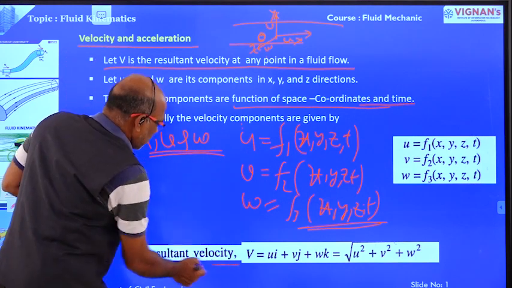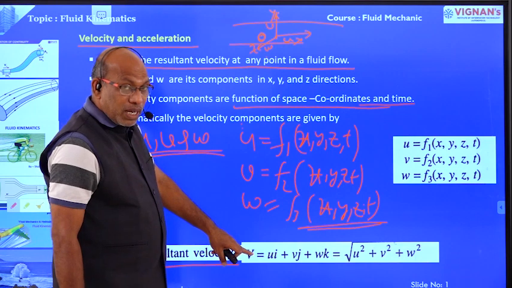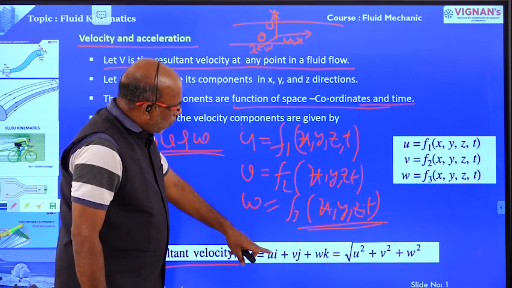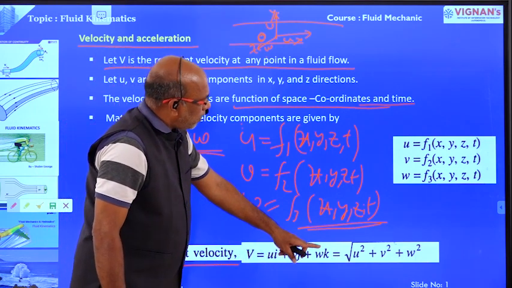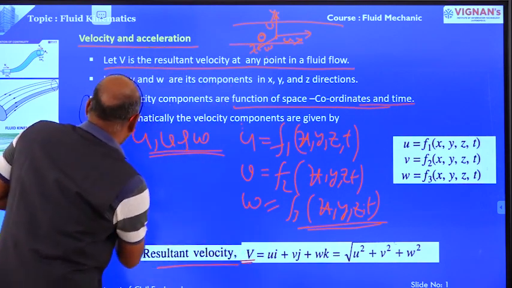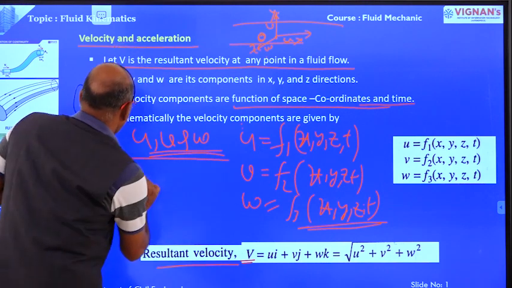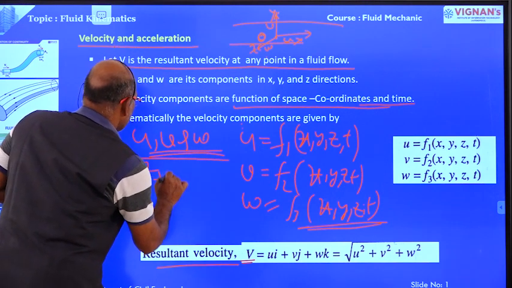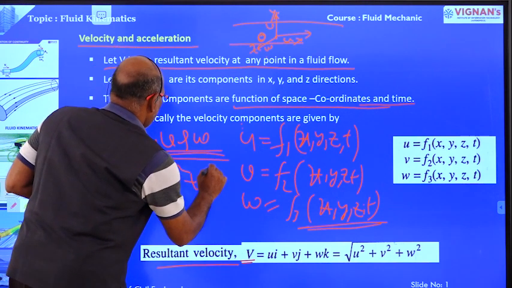Therefore, the resultant velocity V is equal to ui plus vj plus wk. And finally, the resultant velocity V is equal to the square root of u square plus v square plus w square.